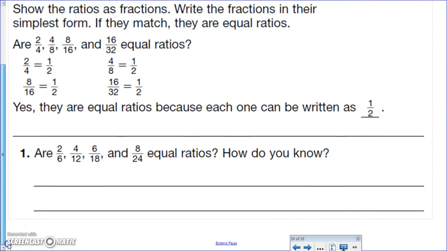For number 1, are 2/6, 4/12, 6/18, and 18/24 equal ratios? How do you know? So the first thing we're going to do is simplify all four of the fractions to the simplest form. So for the first one, 2/6, we're going to divide by 2, so we get 1/3.